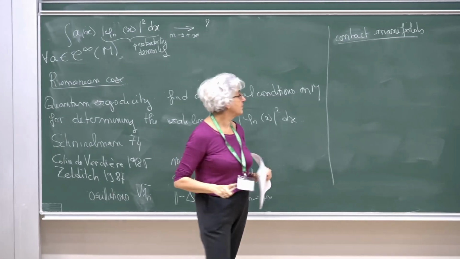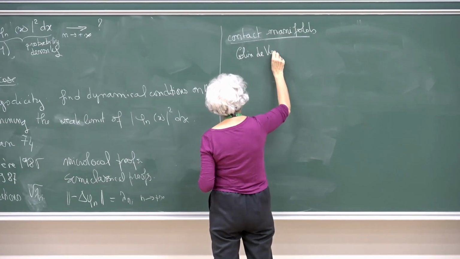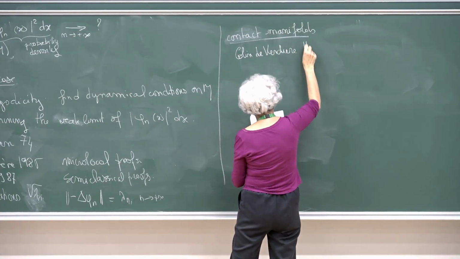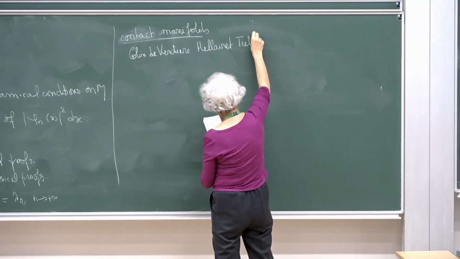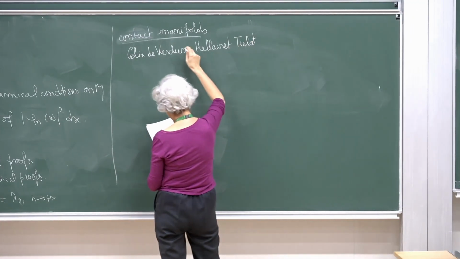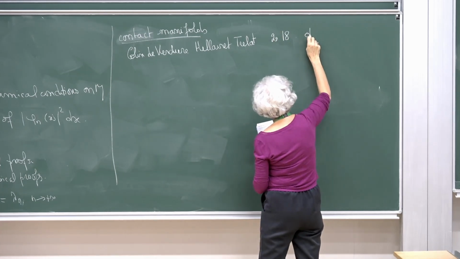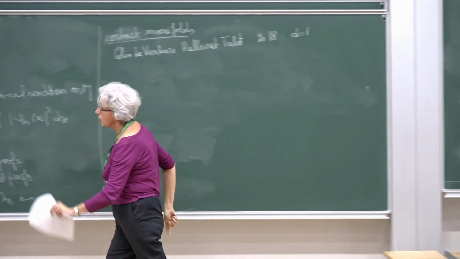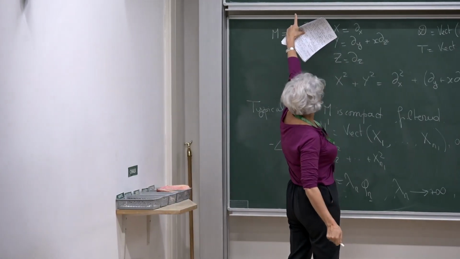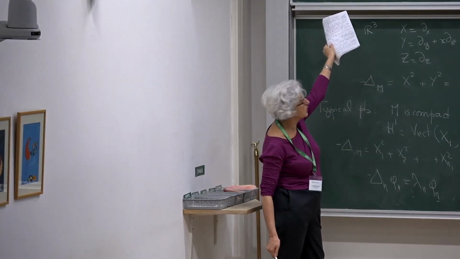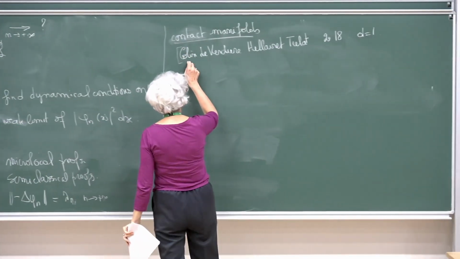The first one has been given by Colin de Verdière, Hillairet and Trélat, and it's a result from 2018 for d equal 1 here. I mean, some contact manifold of dimension 3.